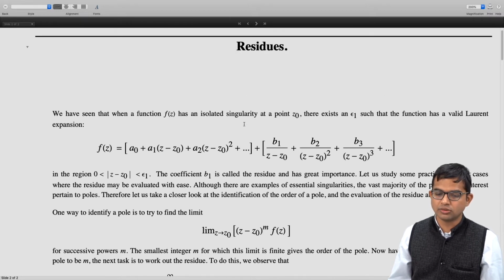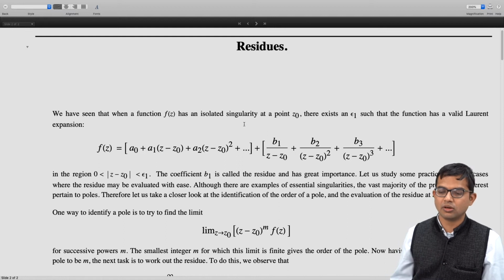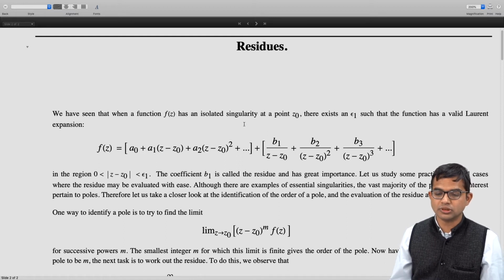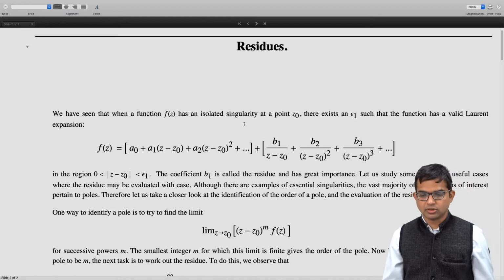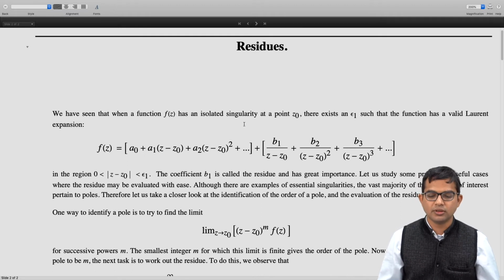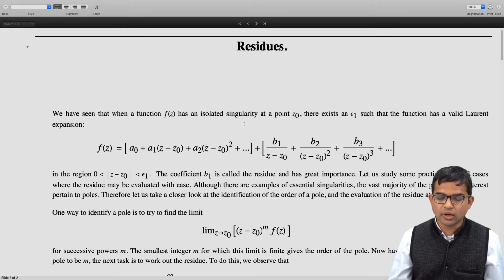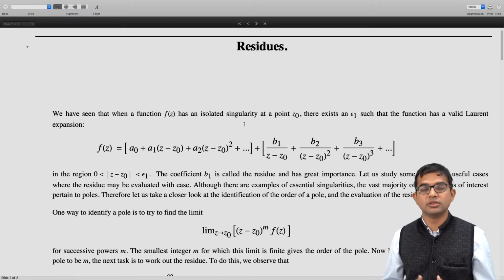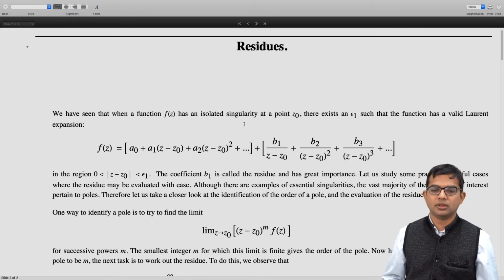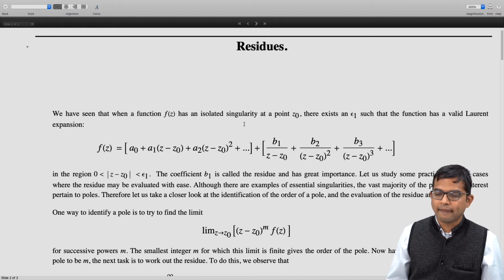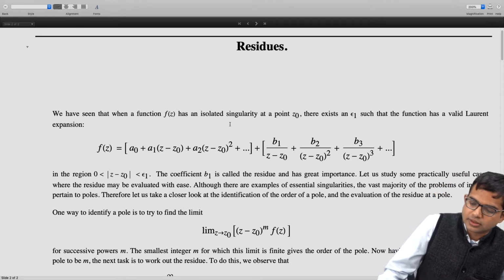So let's look at how we can come up with an algorithm to work out the residue of a function given some isolated singularity. In particular, our discussion will be to work out these residues at poles. Poles are the most frequently encountered kind of singularities.